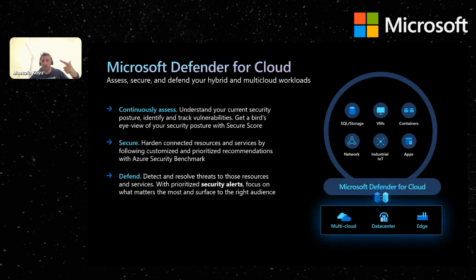Second one is secure: it always provides recommendations about security to improve your security score. The third one is defend: detect and resolve threats to those resources with security alerts. These alerts send an email or can be integrated with your SIEM tool or IT service management solutions. You can integrate these alerts from the single control plane for the multiple environments.